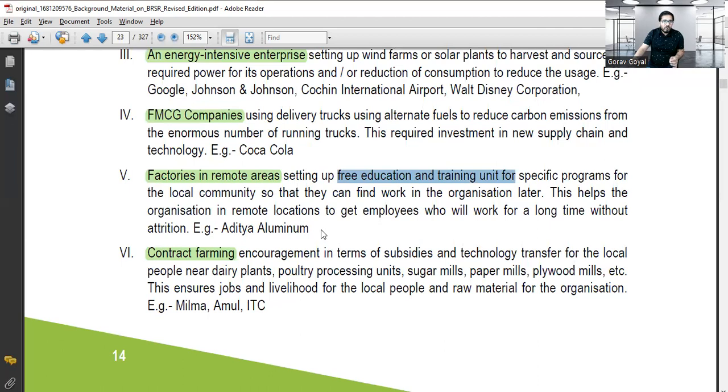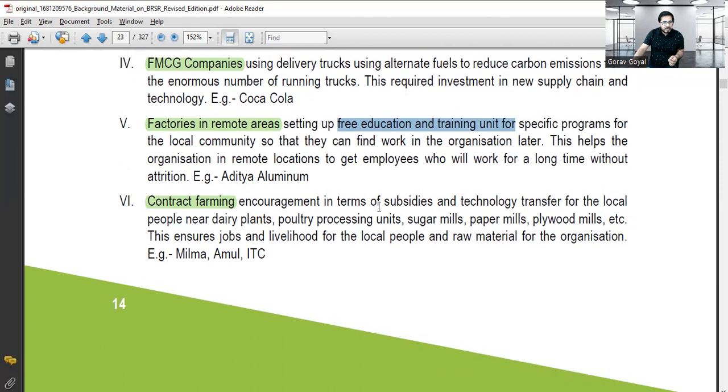You are using your old products and you are reusing them, recycling them. You are doing free education, giving benefit to society in the remote areas. So there can be any kind of sustainability you can think about. Contract farming and encouragement in terms of subsidies and technology transfer for the local people near dairy plants.